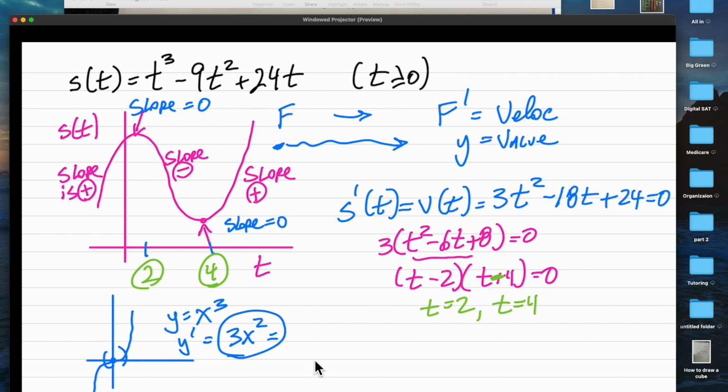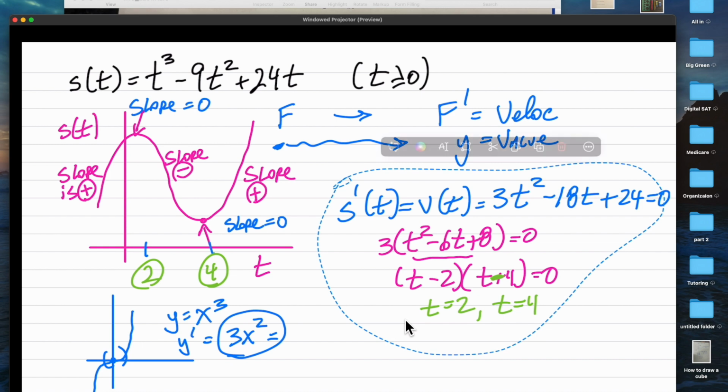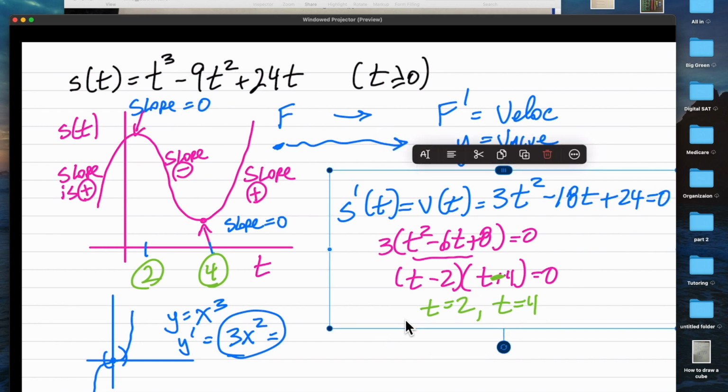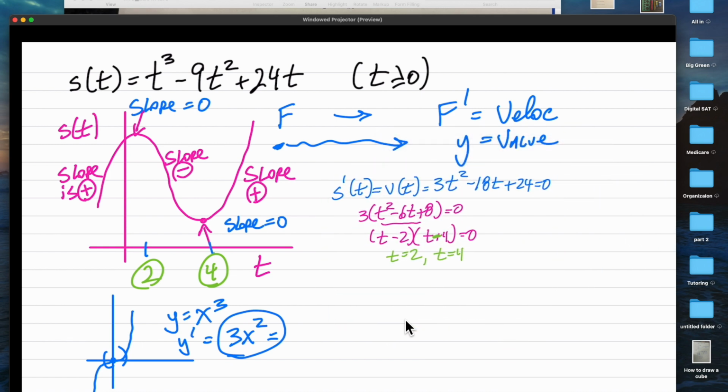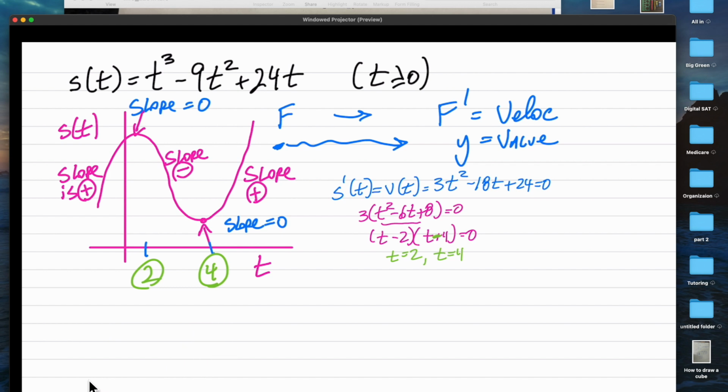So how are we going to approach this now? We have two potential locations. So what we need to do now, folks, is confirm as to whether or not those two t values are indeed local extrema, or do we have a situation like this where you have a zero slope but is not changing direction. Okay, so what we can do here is we're going to do a sign analysis of the first derivative.